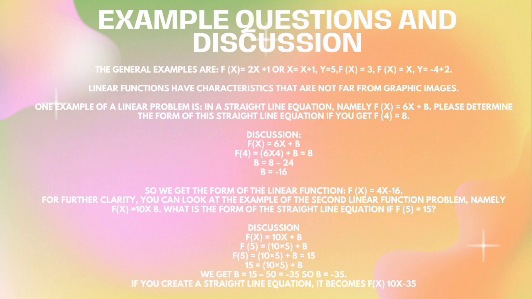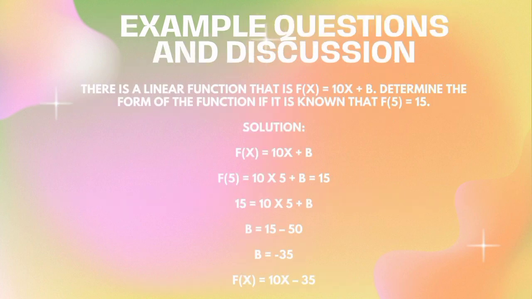We get b, 15 minus 50 is minus 35, so b is minus 35. If you create a straight line equation, it becomes fx is 10x minus 35.